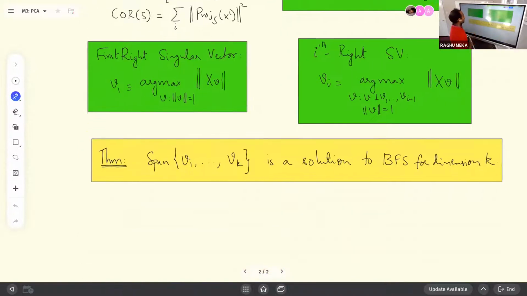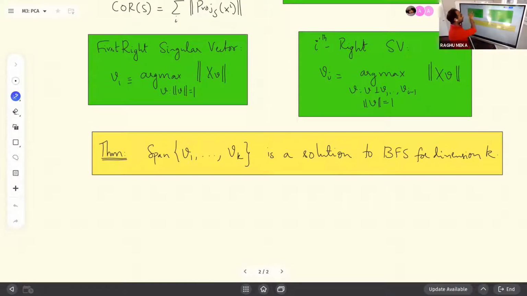Finally, we also defined this notion of first right singular vector: find a vector V which maximizes the inner product with our matrix X. And we also define the second right singular vector as the same maximization problem with the additional constraint that you have to be perpendicular to the previous one. And we define these things iteratively.